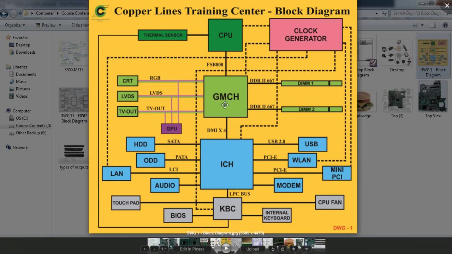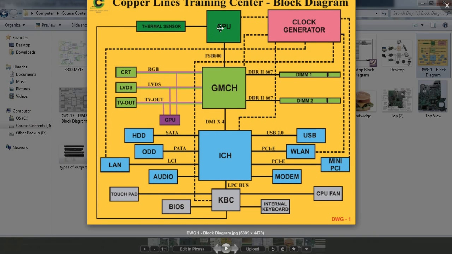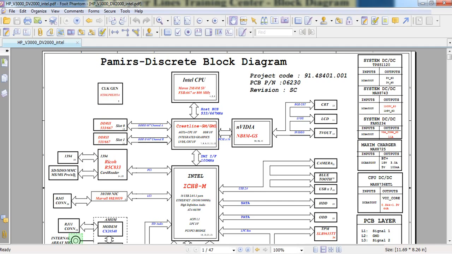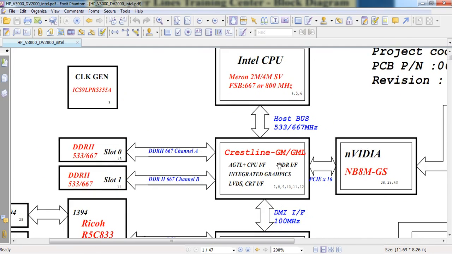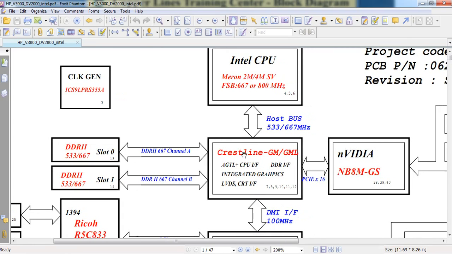The CPU is connected with the GMCH through the host bus. Okay, let's see it on the original block diagram. The host bus is the combination of address bus, data bus and control bus.